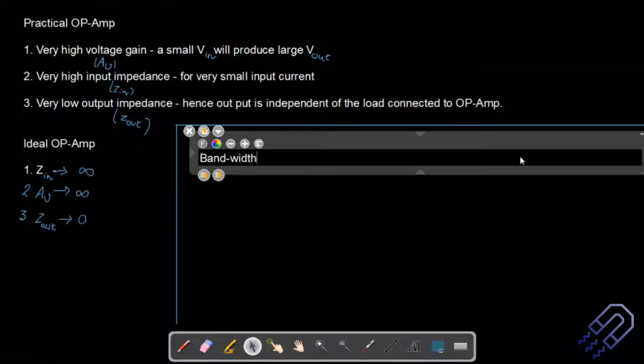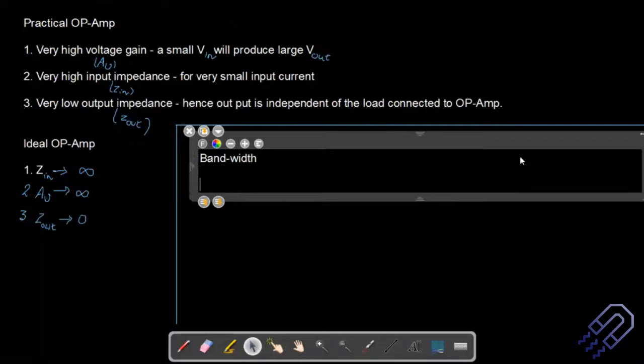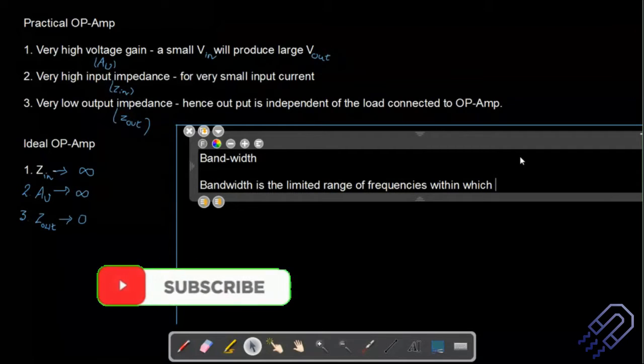Bandwidth is not something which is maximum, it is basically a limited range, so it is important. Just going by a definition, bandwidth is the limited range of frequencies within which an electronic device works.